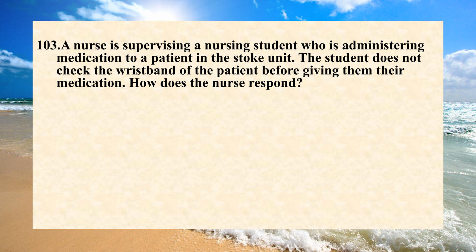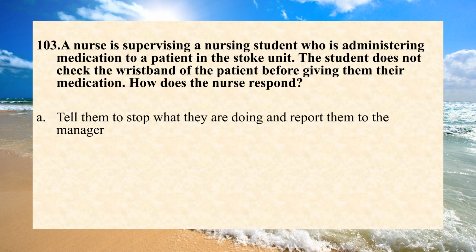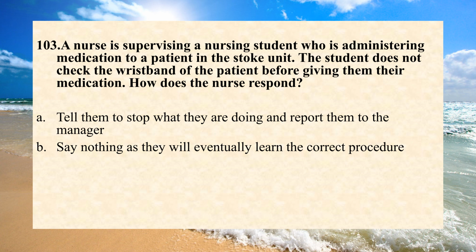A nurse is supervising a nursing student who is administering medication to a patient in a stroke unit. The student does not check the wristband of the patient before giving them their medication. How does the nurse respond? Option A. Tell them to stop what they are doing and report them to the manager. Option B. Say nothing as they will eventually learn the correct procedure.